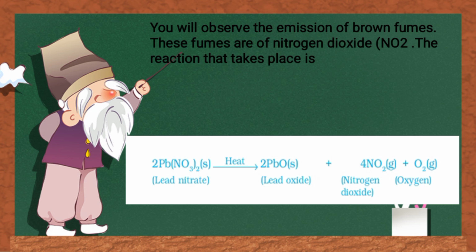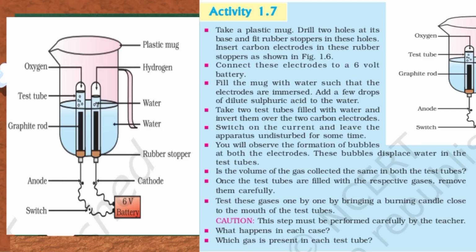The reaction that takes place is: lead nitrate, when you give heat, will form lead oxide plus nitrogen dioxide plus oxygen. So you can see here 3 products from one reactant. This is a thermal decomposition reaction, in which lead nitrate gets decomposed to lead oxide, nitrogen dioxide and oxygen.